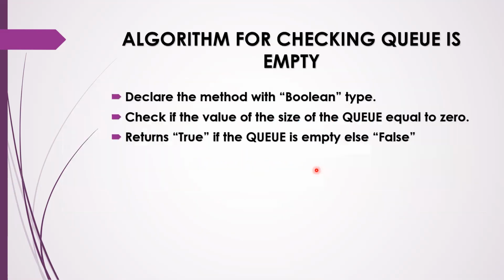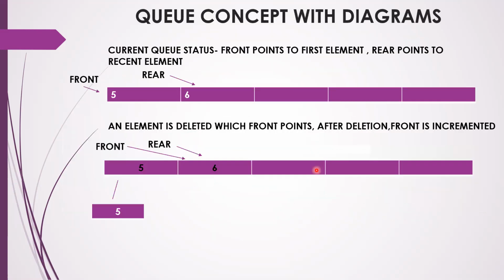Why this is needed: for example, can you see here, I have removed 5. Once I remove 5, this space is blank, right? And this front will point here, the next element will be inserted here, the next here. This is blank here, okay?